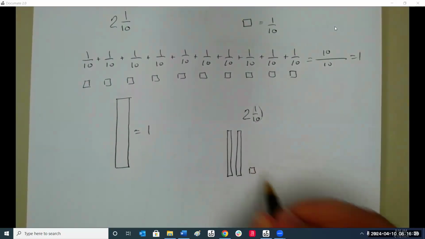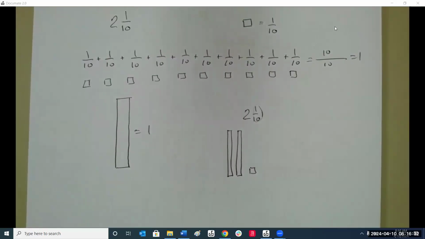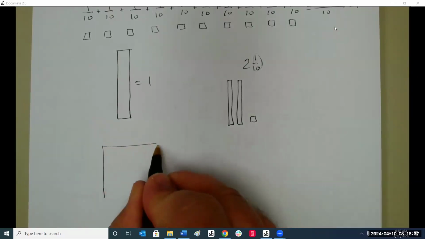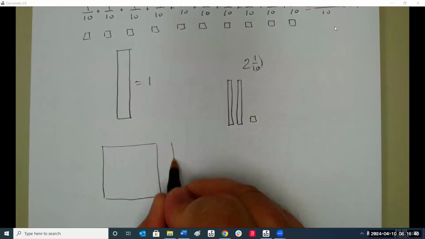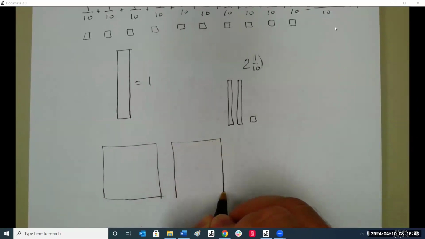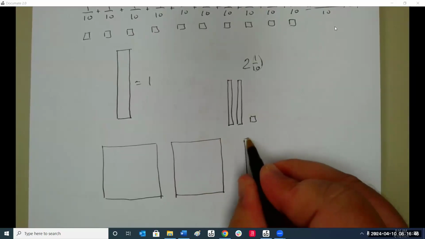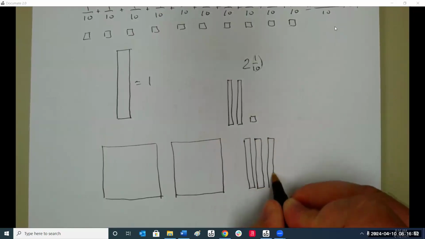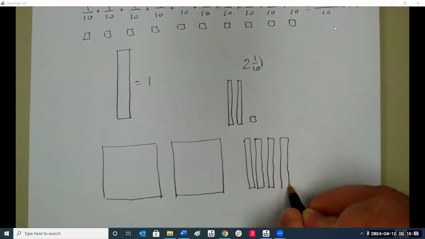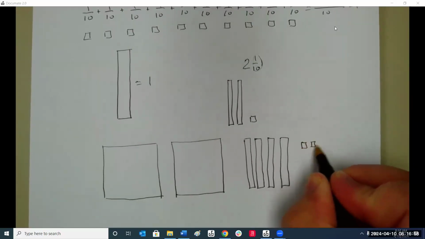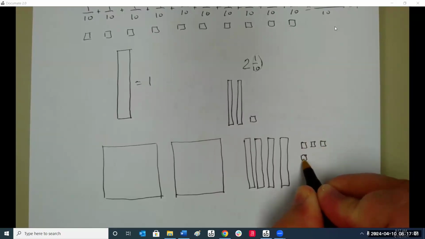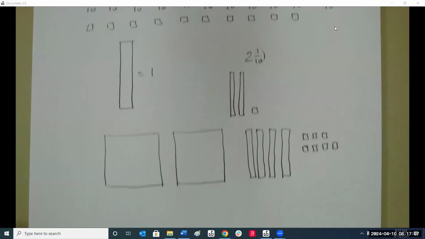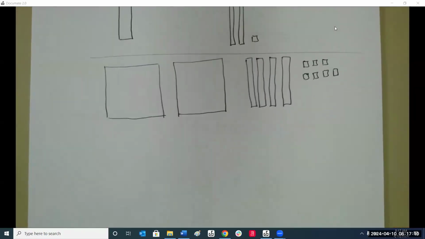Just 1. Okay. How would you write this number? What would that represent?